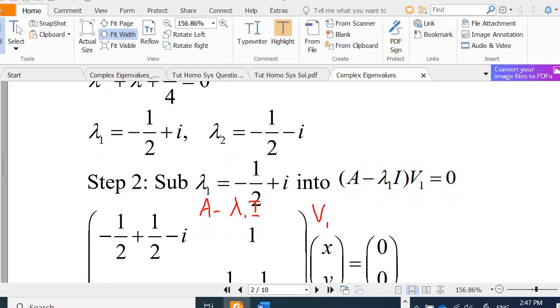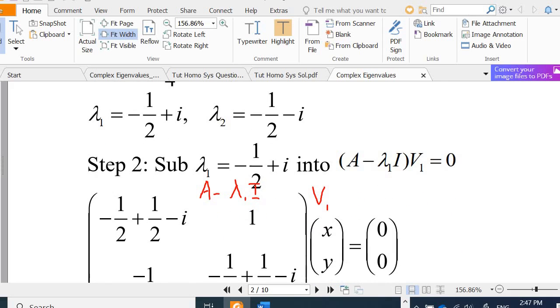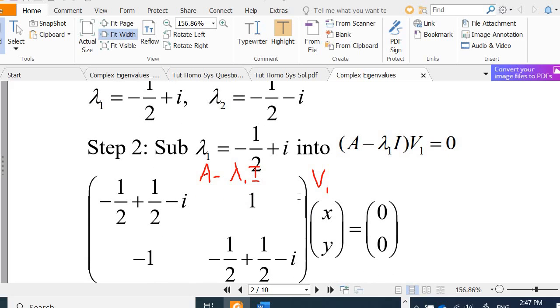The second step is the same as the first case where you have real and different eigenvalues. The only difference is the last step, where you convert the solution in terms of cos and sin to eliminate the imaginary number.